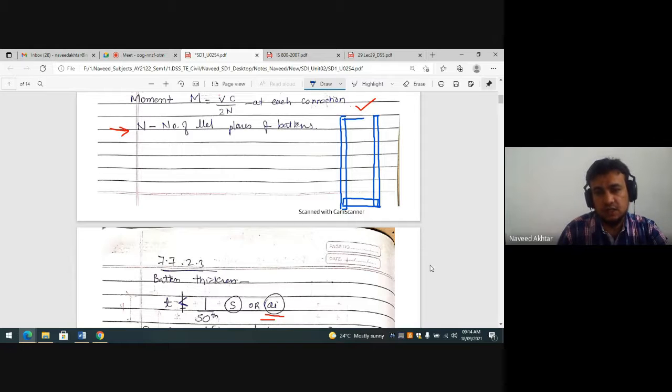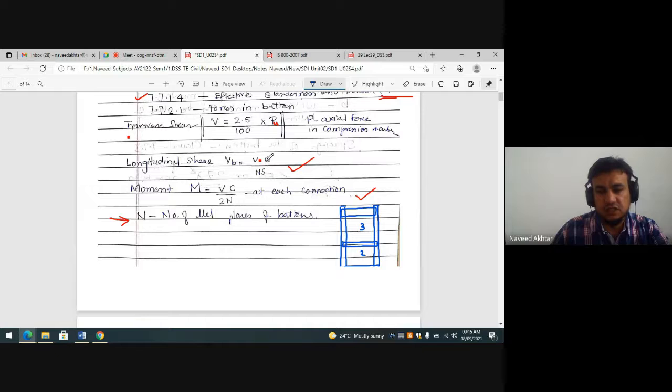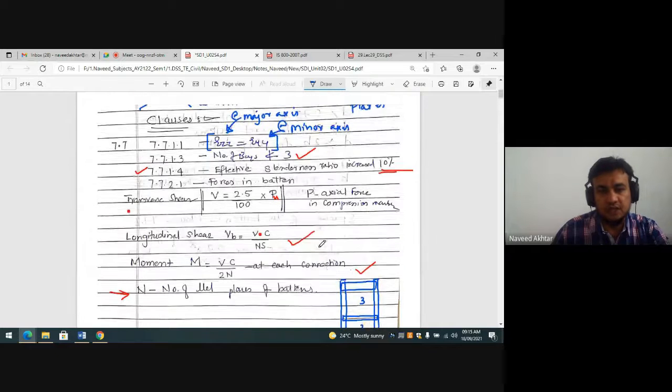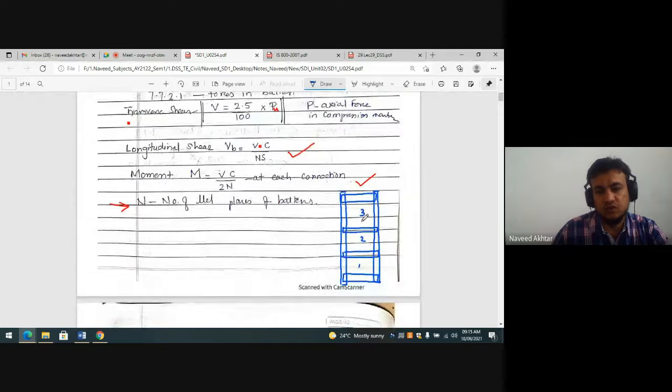When you are designing, the number of bays, this one, two, three, should not be less than three. Clause 7.1.3 says the number of bays should not be less than three. So one, two, three is required.